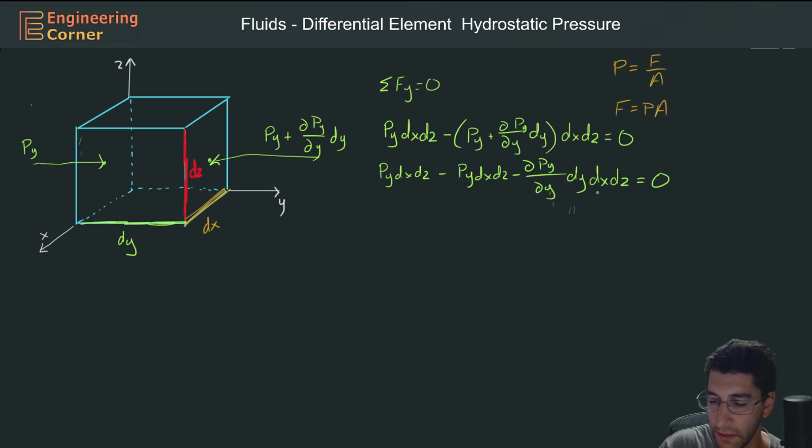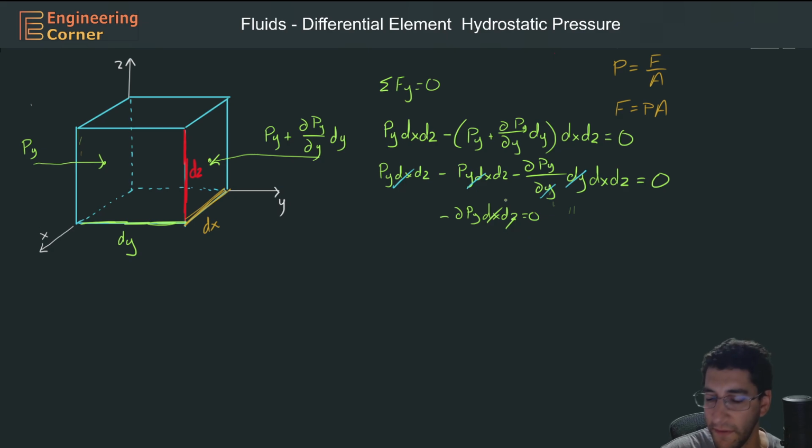And that's equal to 0. So what you can see right away, these pressures are just going to cancel out. And this length is going to cancel out with that length. And I'm going to have minus this partial of pressure in the y, dx dz, is equal to 0.